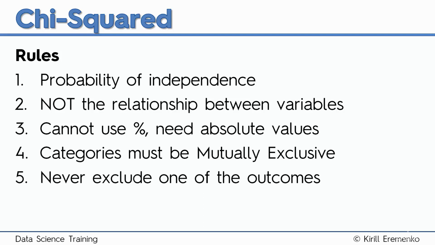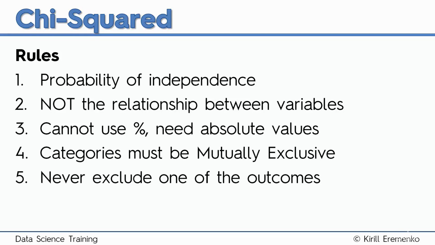I'll give you an example. Let's say you're looking at political preferences of people. And so your variables that you know about the sample are like gender, age, affluence, how much money they have, what car they drive, things like that. And then your outcomes can be Democrats, can be Republicans, and can also be Greenpeace.